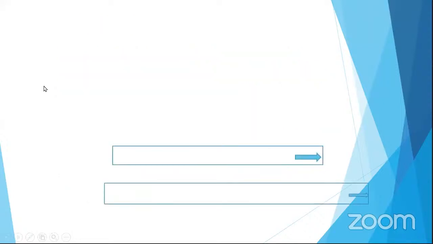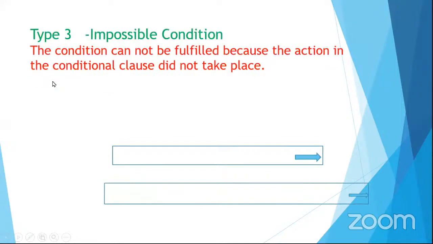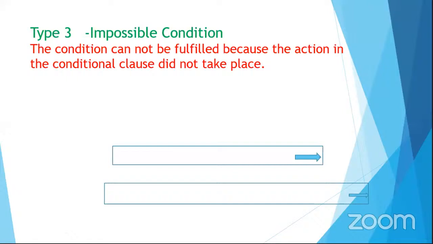Type 3. In type 3 conditional clauses, you talk about impossible things. Look at the clarification, the definition I have given.